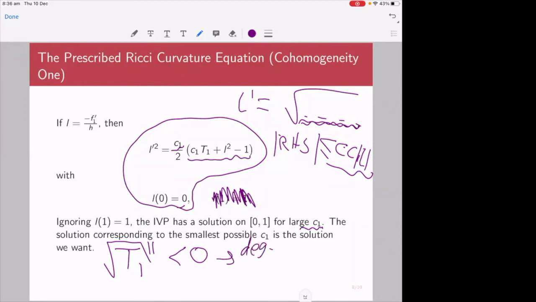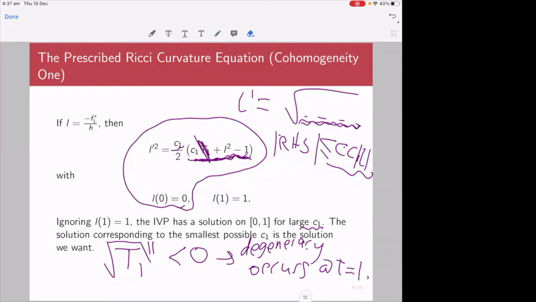The degeneracy occurs where what's inside the square root is 0, that only occurs at t equals 1. But this is actually what we're after, because if this function here is 0 when t equals 1, we know that the Ricci tensor has to disappear. So we end up with this condition that we wanted in the first place.